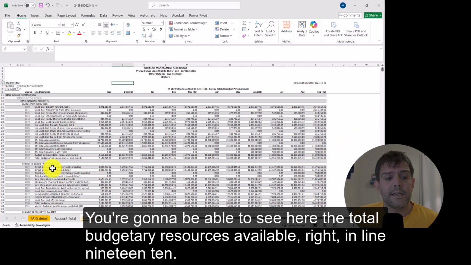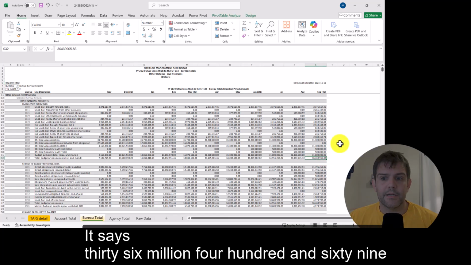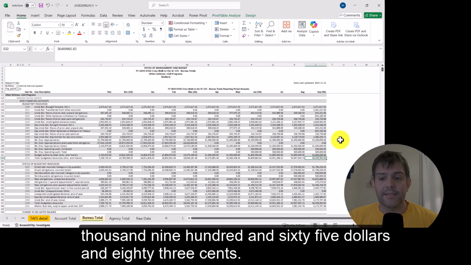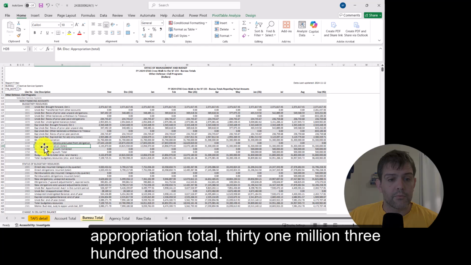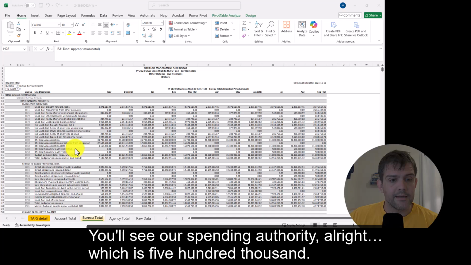You're going to be able to see here the total budgetary resources available, right? In line 1910, it says $36,469,965.83. Really precise. You'll be able to see here we have our appropriation total, $31,300,000. You'll see our spending authority, which is $500,000.